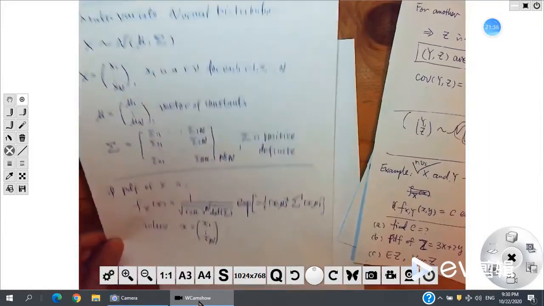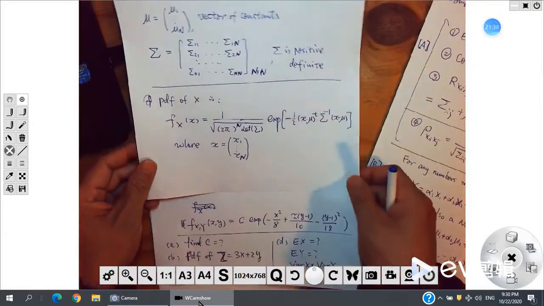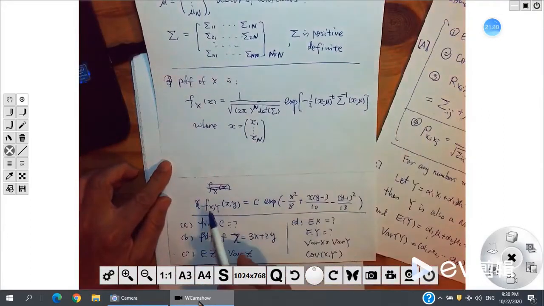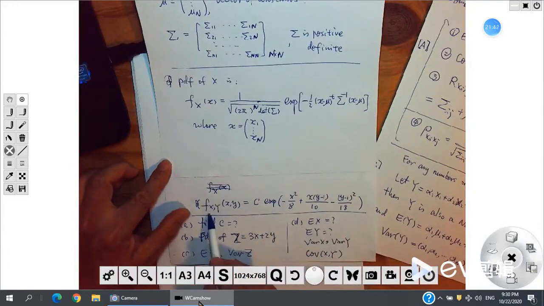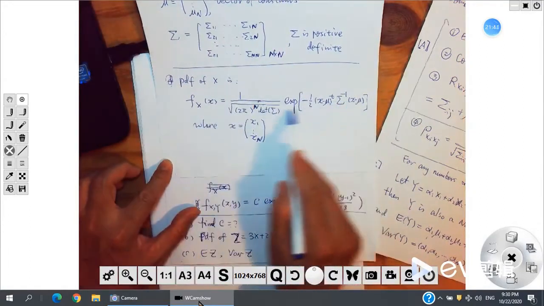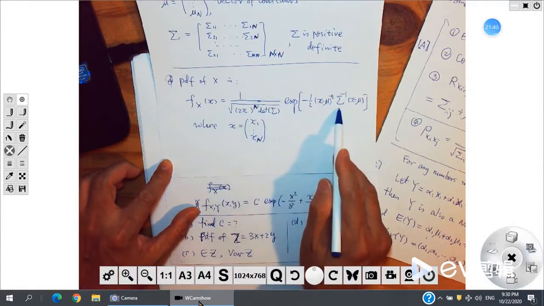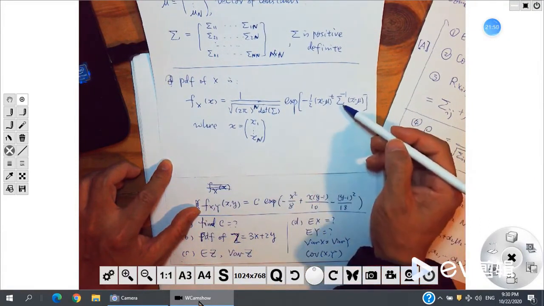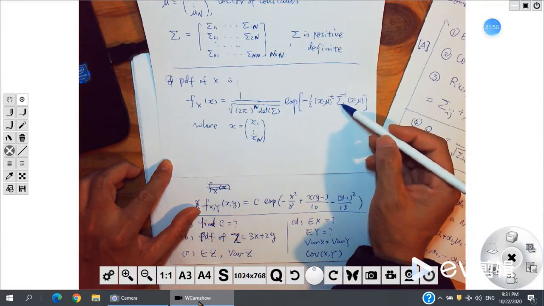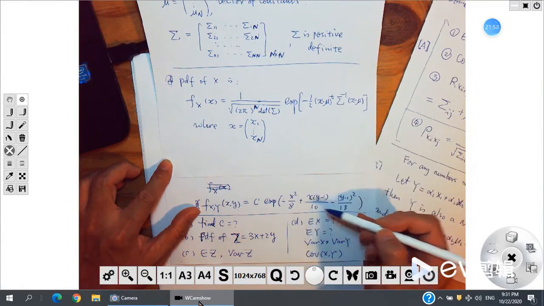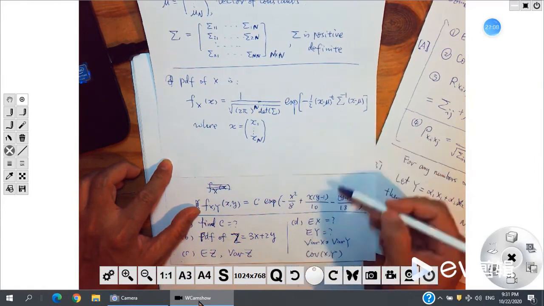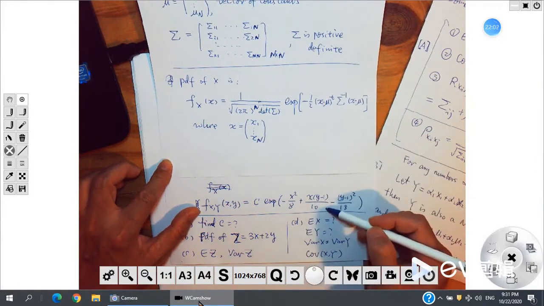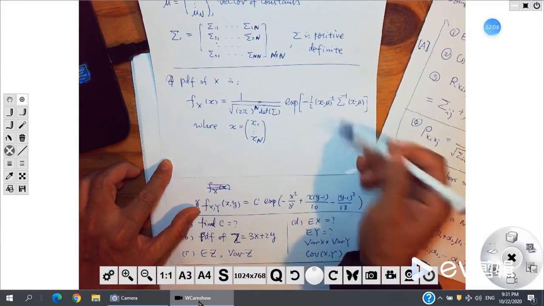Now we compare. This is a given PDF, and this is the PDF of a Gaussian distribution. We want them to be the same for a certain sigma matrix and a certain mu. So you compare these two. How to determine mu and sigma?